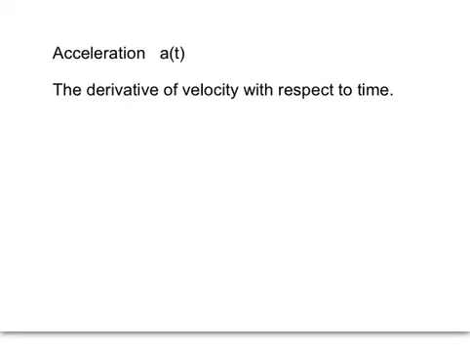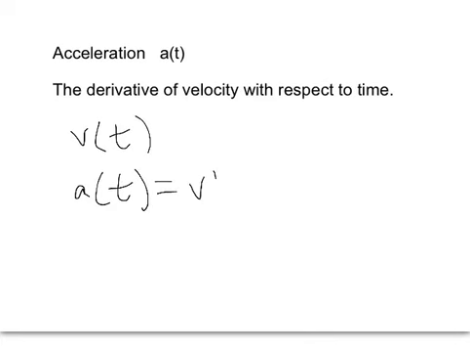So it turns out if you have velocity and you take the derivative of it, you will actually have the acceleration function. The acceleration tells you how much velocity is changing at a certain moment in time. Like maybe you're increasing by 5 miles per hour every second.